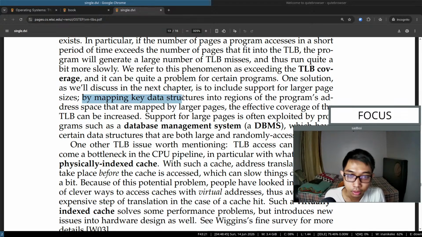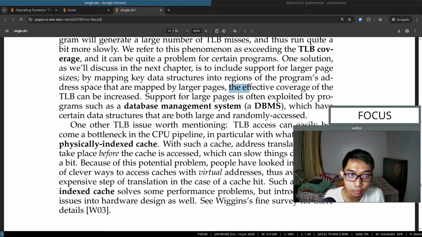By mapping key data structures into regions of the program address space that are mapped by larger pages, the effective coverage of the TLB can be increased.